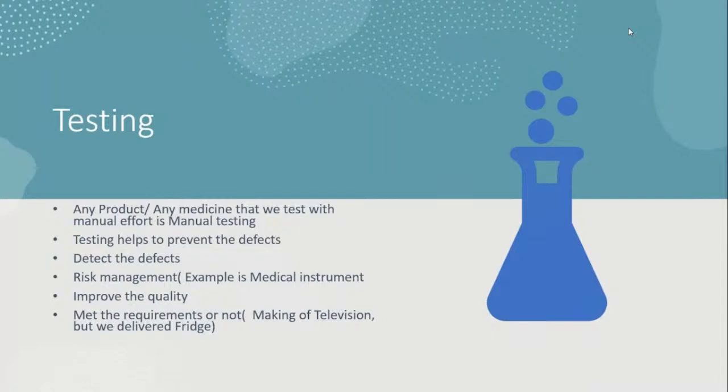I just gave it to the client. Then the client says, okay, this is not what I expected. He just told me that he wants to plug it into the electric board and he wants just a screen. So when the requirements were read by the business analyst and the developers who developed it, the final product that came was a fridge.